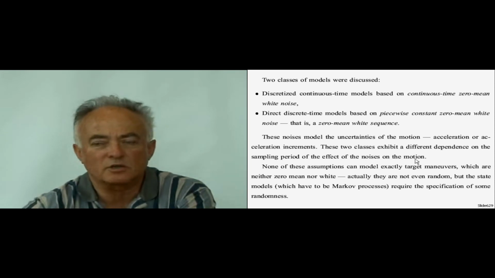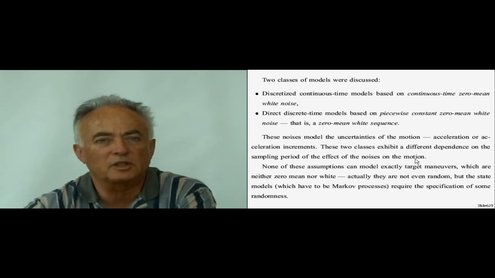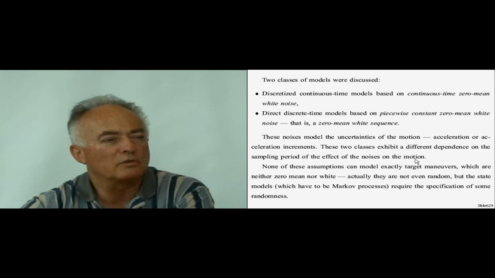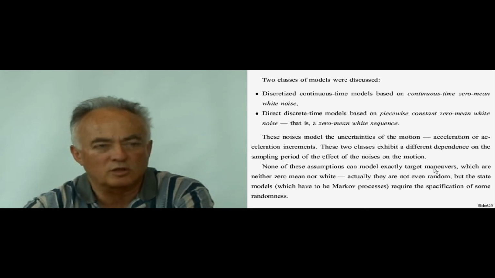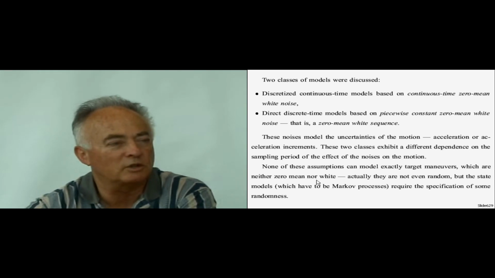The covariance of the process noise over a certain interval for the discretized version or direct discrete time version behaves differently. None of these assumptions can model exactly motion uncertainties or target maneuvers, which are neither zero mean nor white. Actually, they are not random.